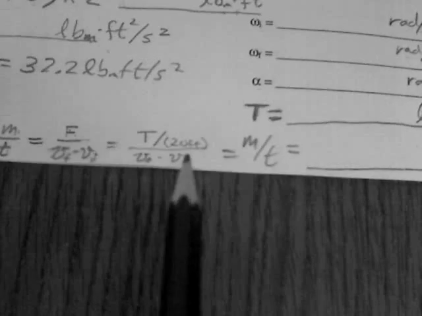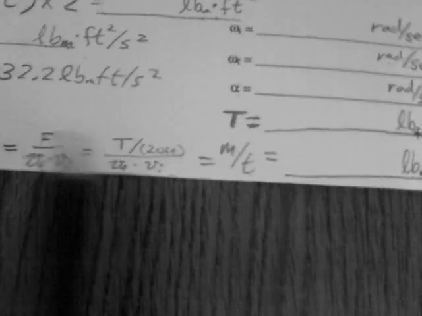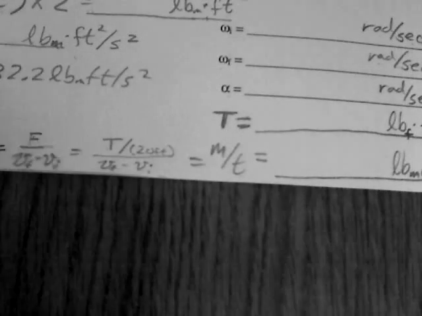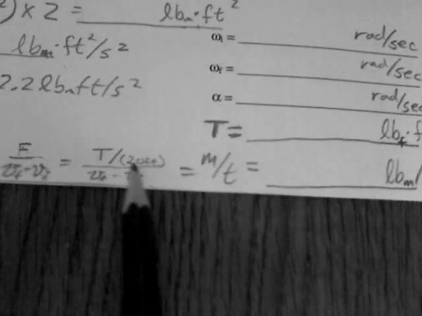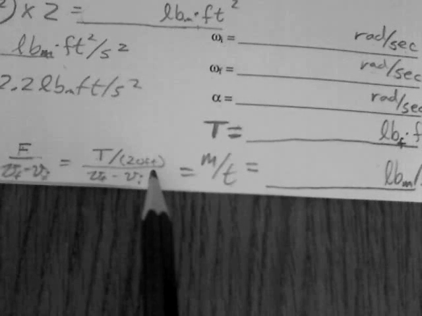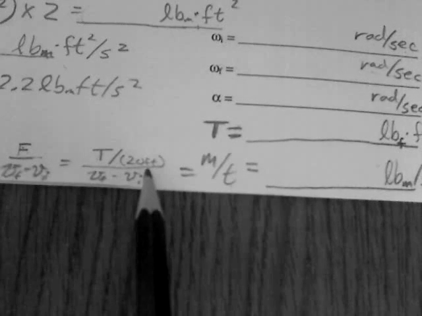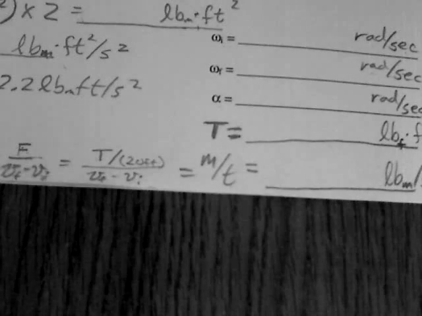Also, to find the force, you can say that it's the torque that you get from that previous calculation divided by the 20-foot distance between one propeller axis and the other.